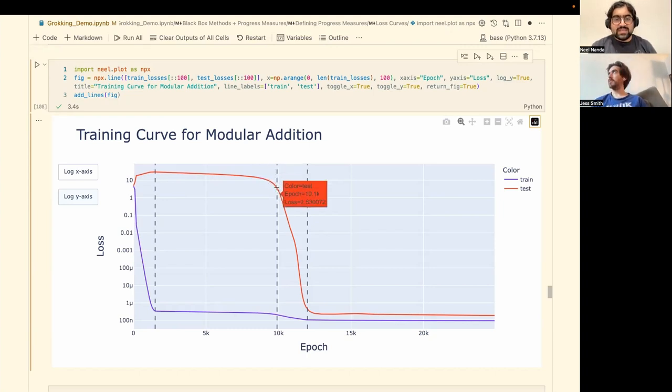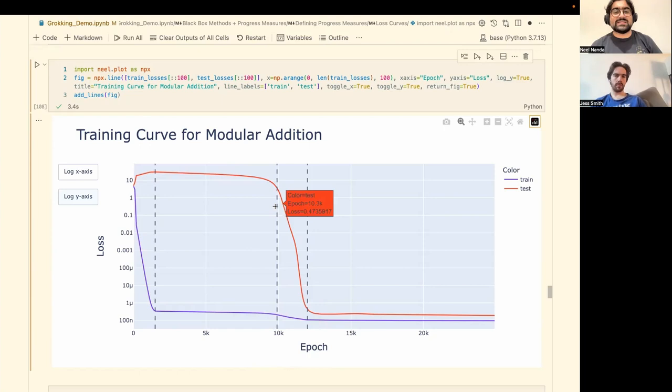But eventually, it gets so good at generalizing that the memorizing parameters, the memorizing circuit, start to add more complexity in terms of increased weight norm relative to the improvement in train loss that it gives the model. So the model decides to significantly increase the generalizing circuit and significantly suppress the memorizing circuit.